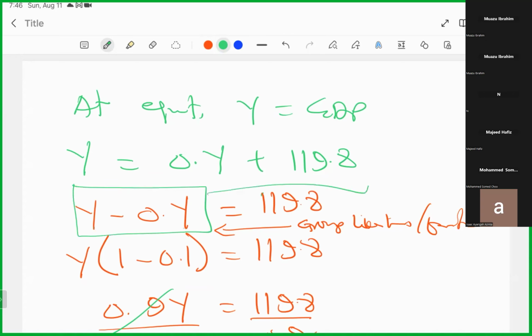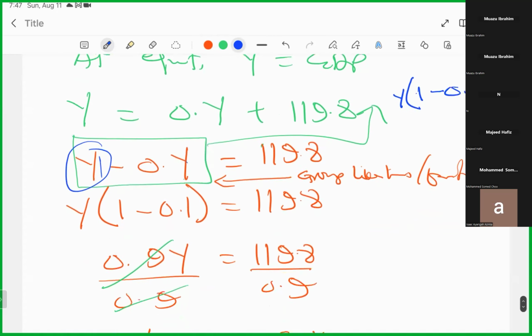When you open brackets, it will be left with 1. So it will be the same. Then minus 0.1Y, which means there is also 1 if you factor this Y out, so it is going to be the same 0.1. Okay, thank you very much. Let's advance.